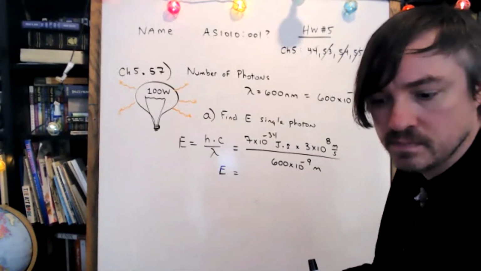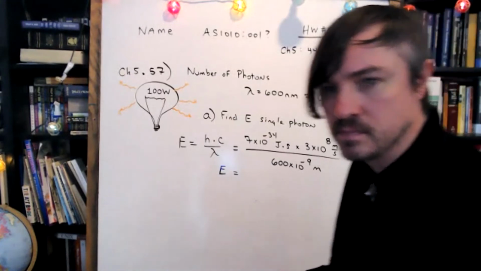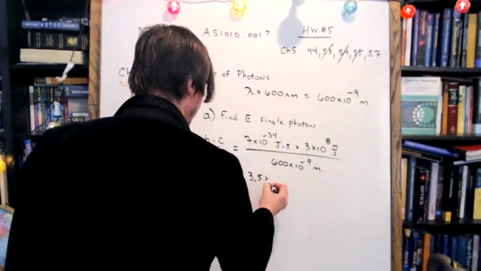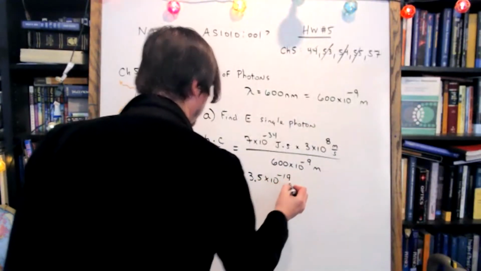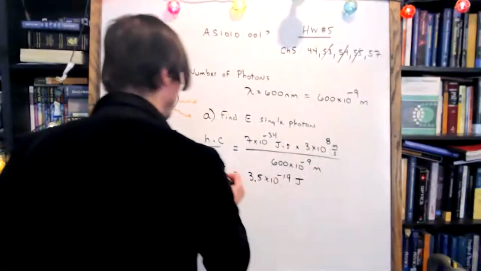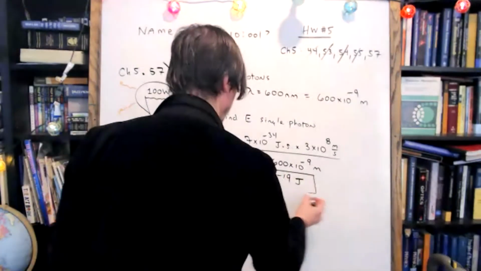I got 3.5 to the negative 19th. And 3.5 times 10 to the minus 19. What are your units? Joules. That's the answer to part A.